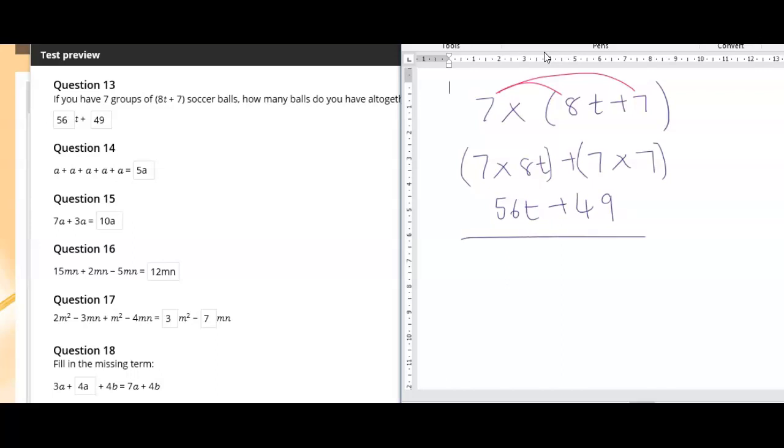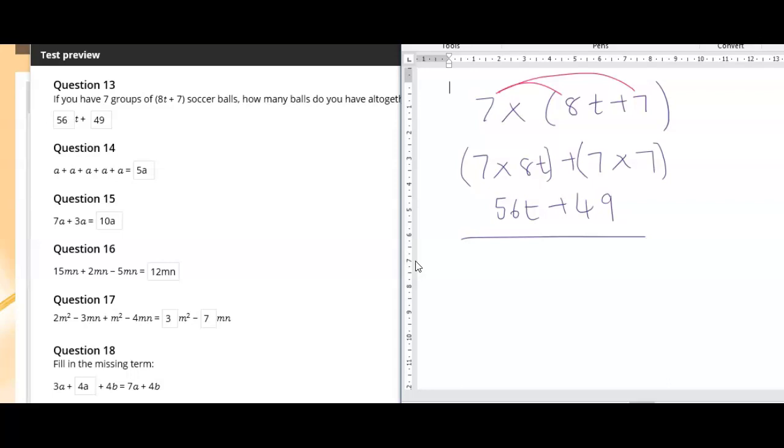All right, question 14. This one here, when the bases are the same, you can just add them up together. So if you say, well, A equals an apple, how many apples do we have? We've got 1, 2, 3, 4, 5, so 5A. Question 15. You can think of A as apple again.